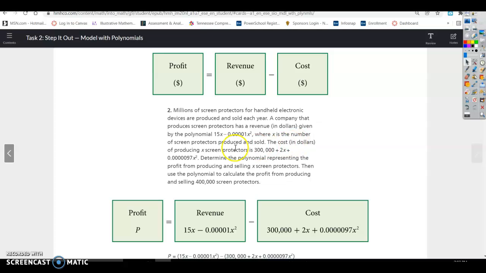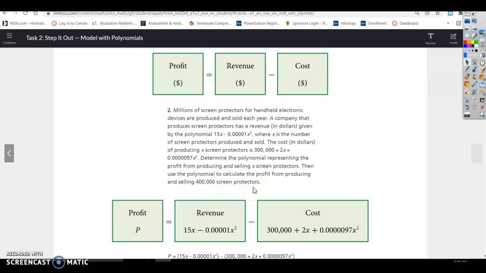The cost in dollars of producing x screen protectors is 300,000 plus 2x plus 0.000097x squared. Determine the polynomial representing the profit from producing and selling x screen protectors. Then use the polynomial to calculate the profit for producing and selling 400,000 screen protectors.